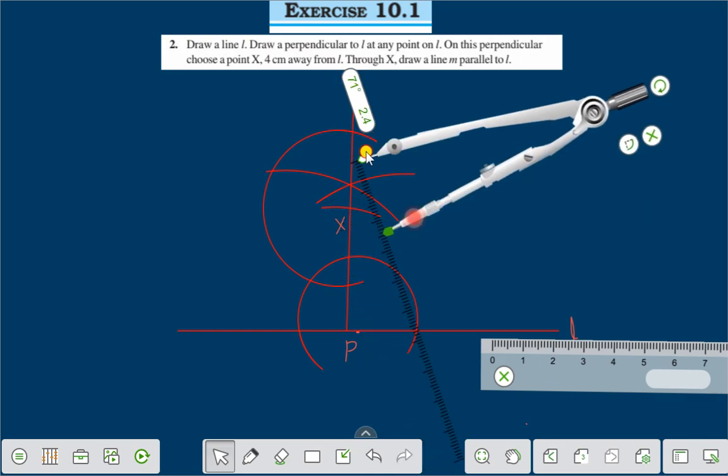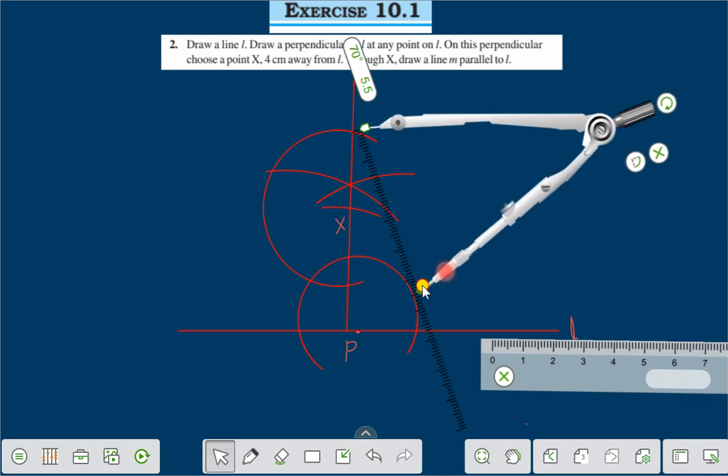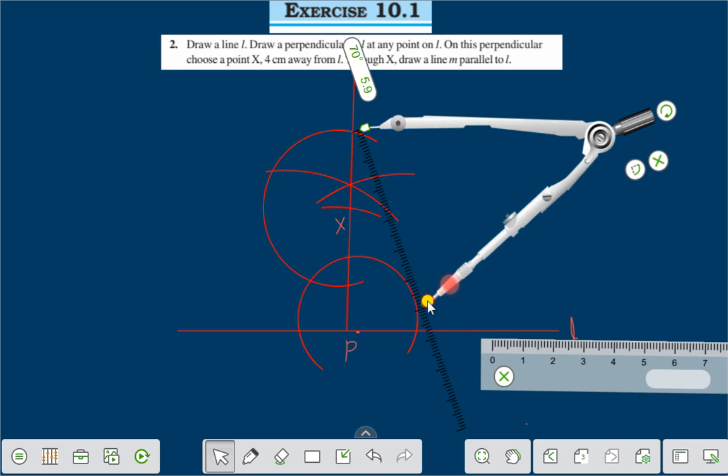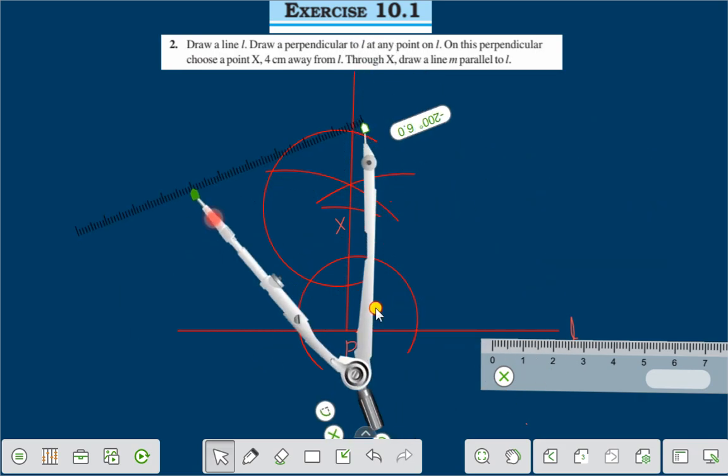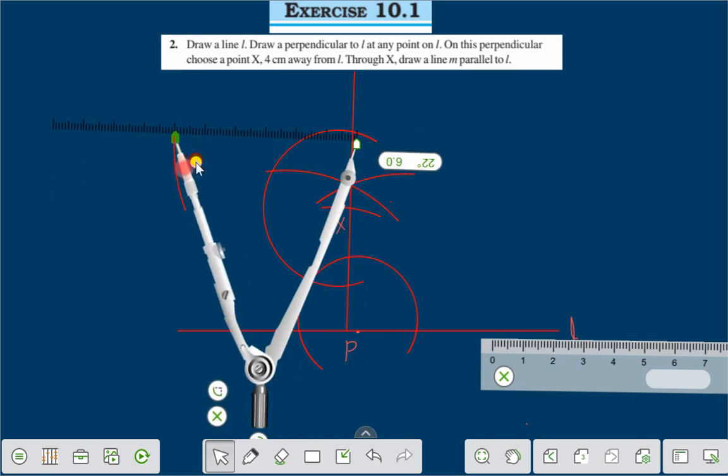Now taking this pointer at this point, increase this one and take an arc here. You have to take another arc here.